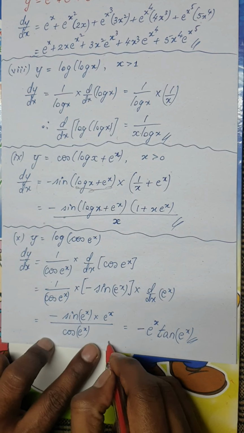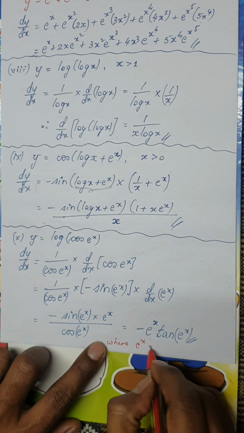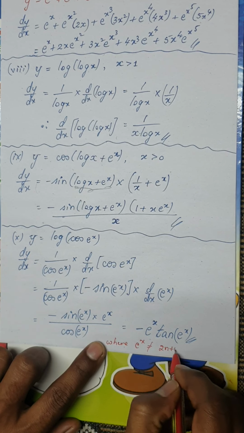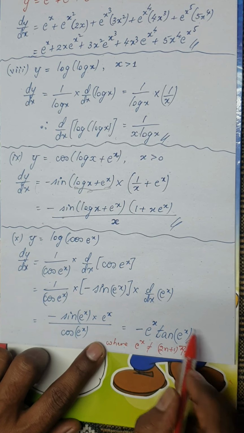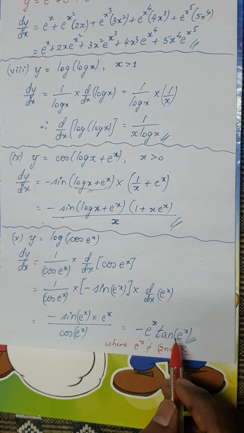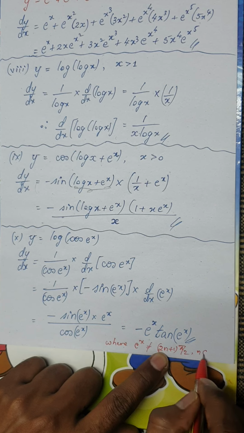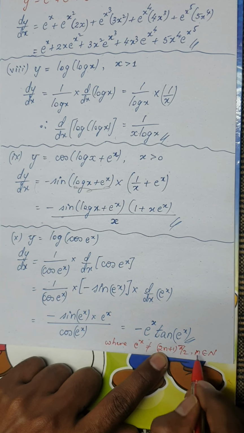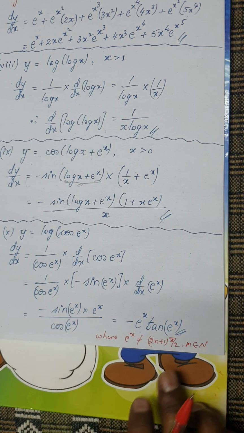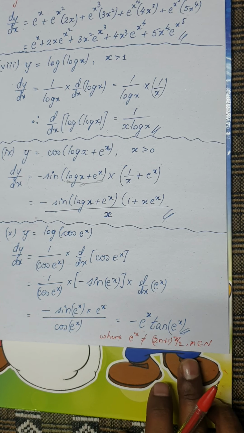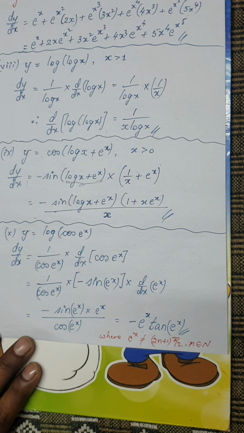The condition is that e power of x should not be equal to the odd multiples of 90, because tan is not defined for odd multiples of 90. You need not write this condition for 1 mark, but sometimes for CET problems you should be knowing these conditions.